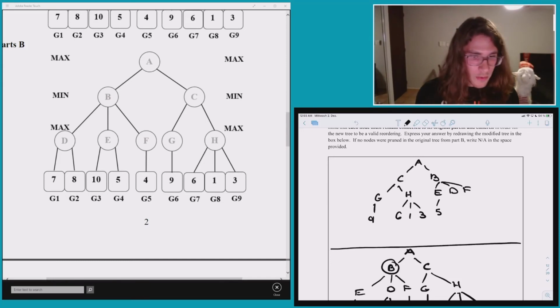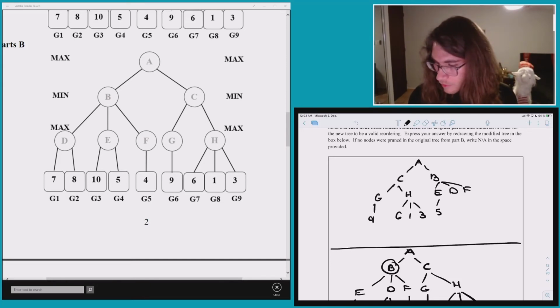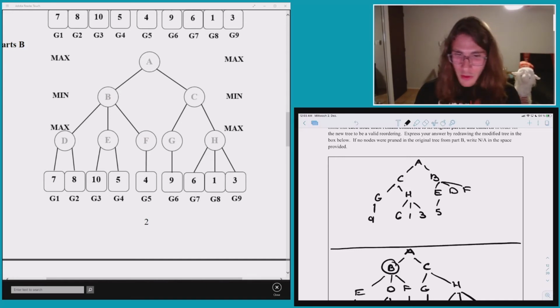I ended up writing the leaf node values. I'll write the leaf node names below them.